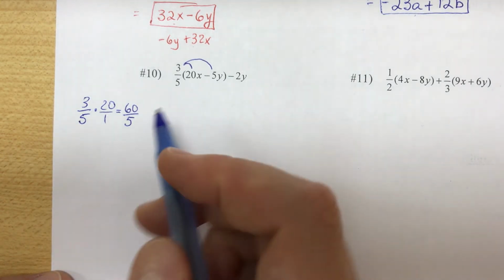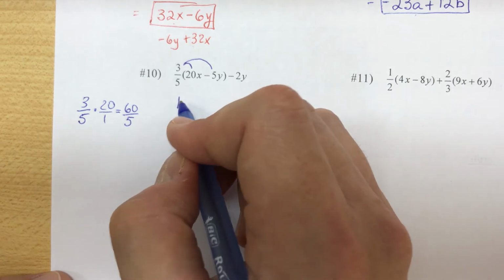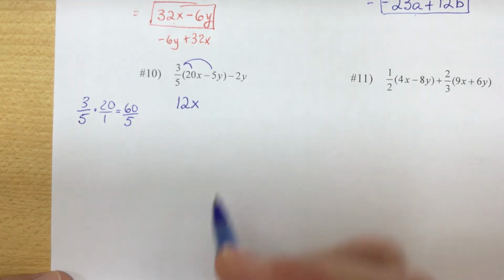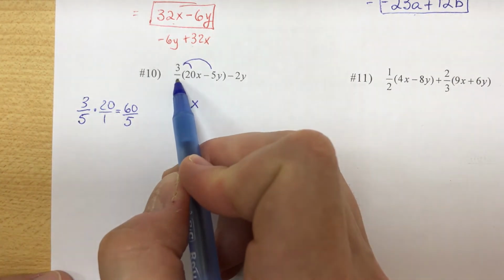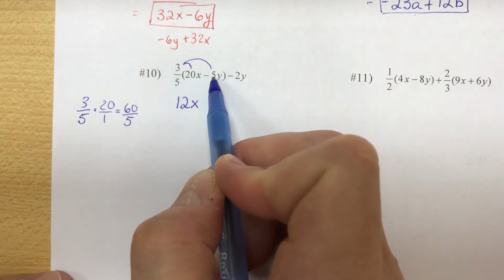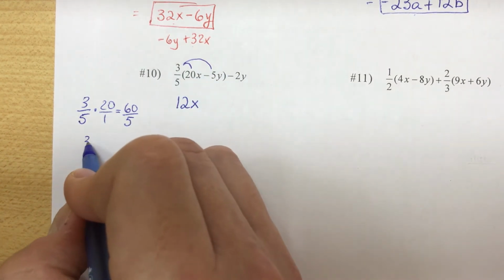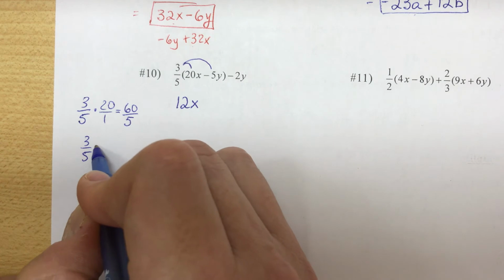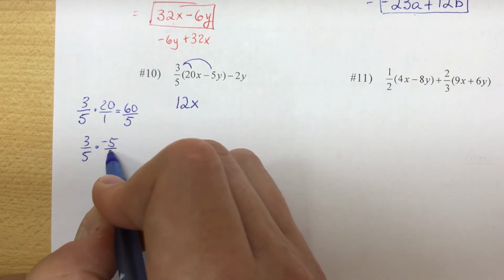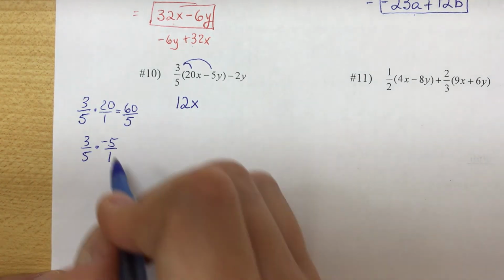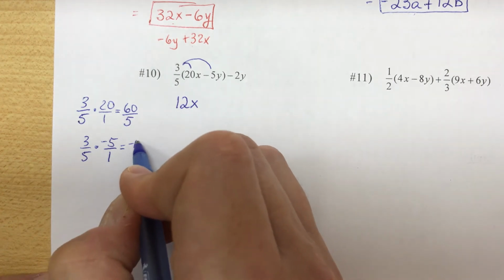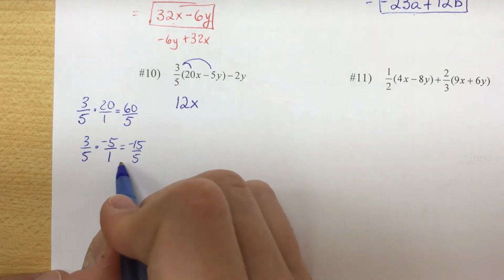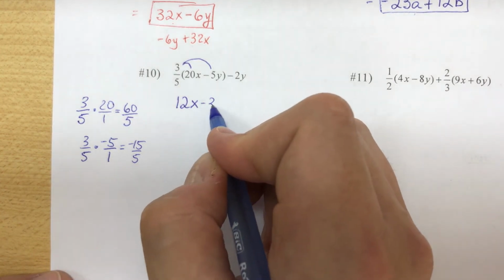And then I can simplify and say that's 12x. And then I would do 3/5 times negative 5y. 3 over 5 times negative 5 over 1. That would be negative 15 divided by 5, which is minus 3. So that's minus 3y.